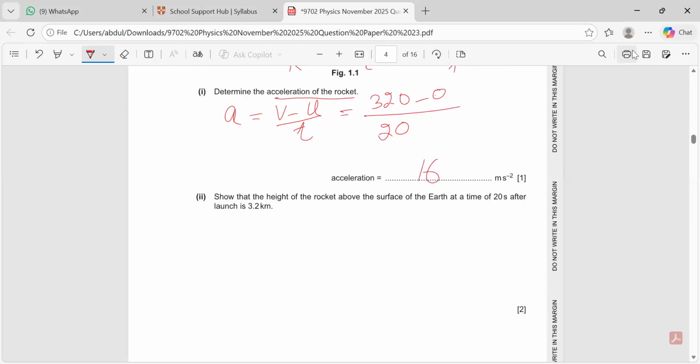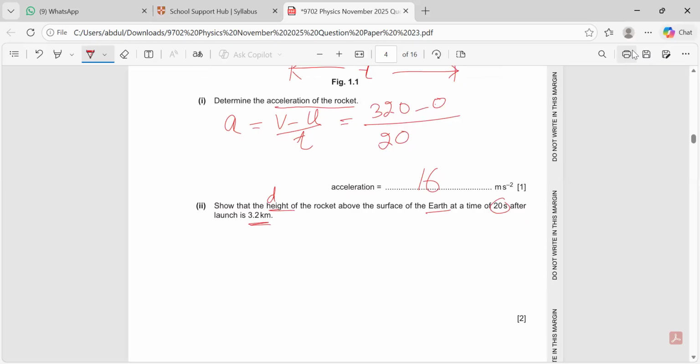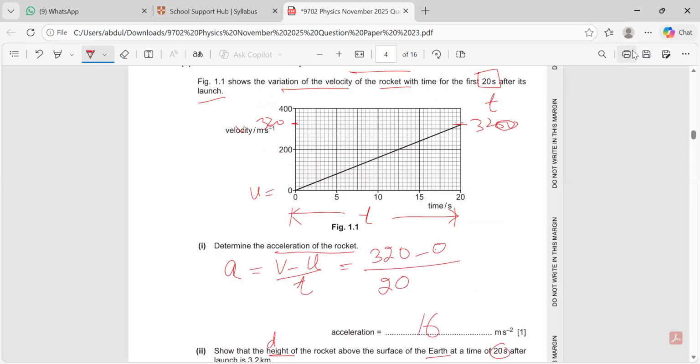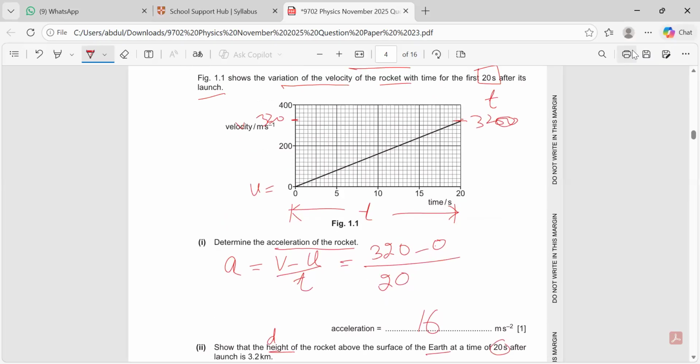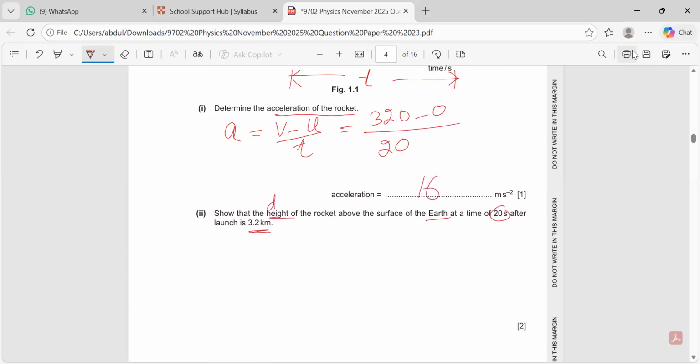Show that the height of the rocket above the surface of the Earth at 20 seconds after the launch is 3.2 kilometers. Height means distance, and for a velocity time graph, the area under the graph is equal to displacement. Displacement is a distance in a particular direction.